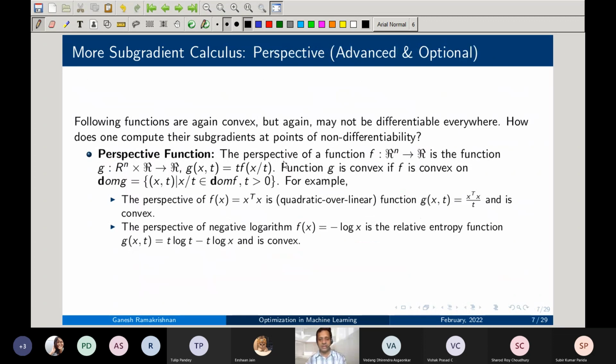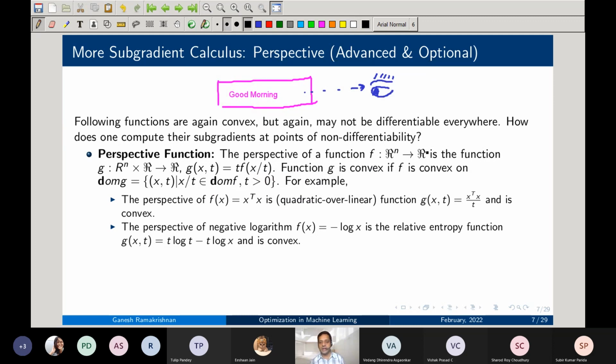Again, I'm going to leave some of this as advanced and optional, like perspective functions. So the sky is the limit when we talk about calculus of subgradients. But let's say I have this perspective function which is dealing with, let's say I have some text like this.